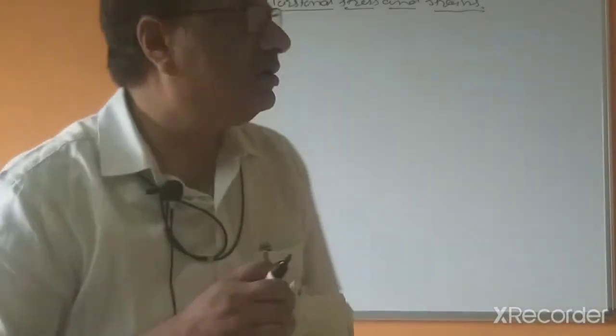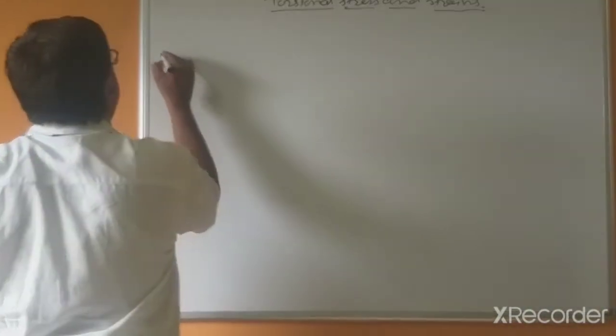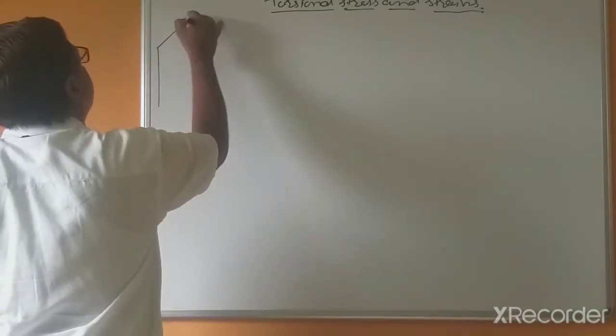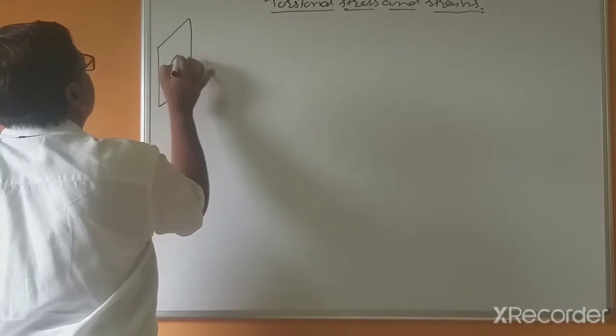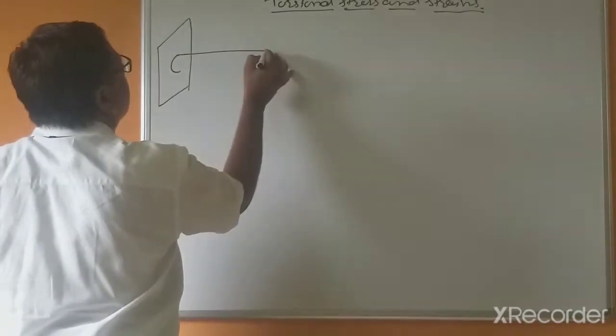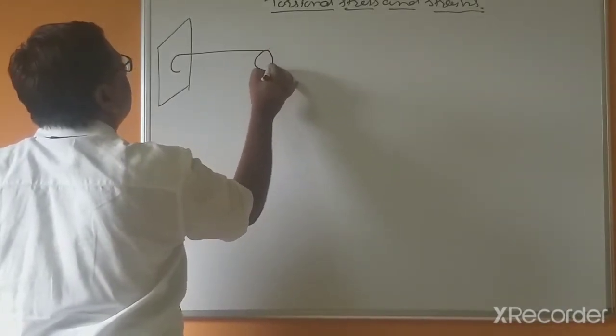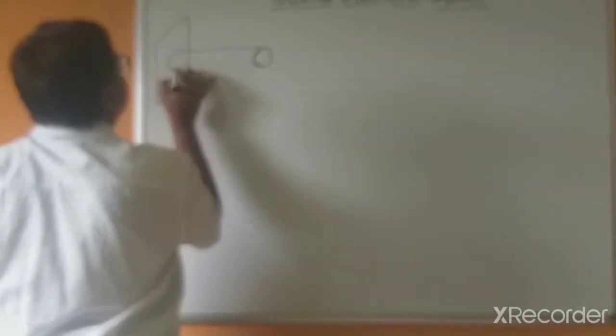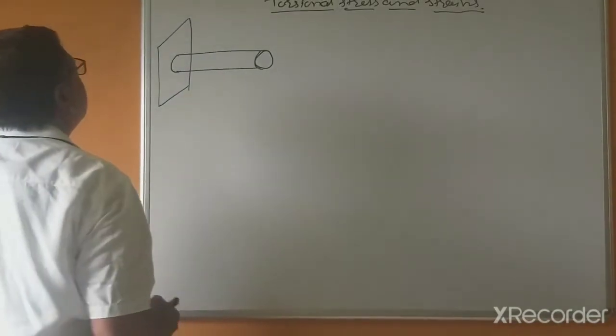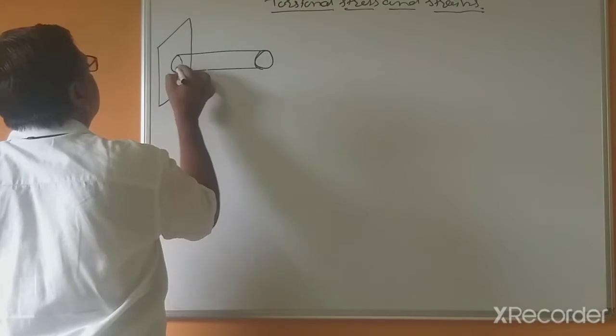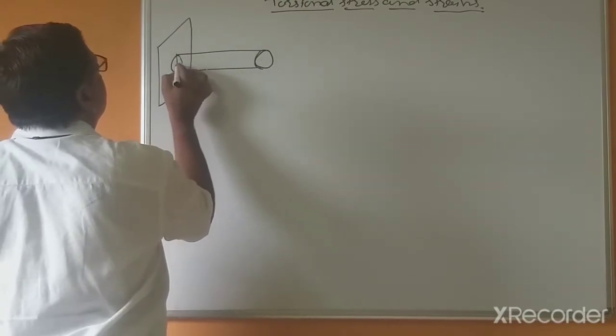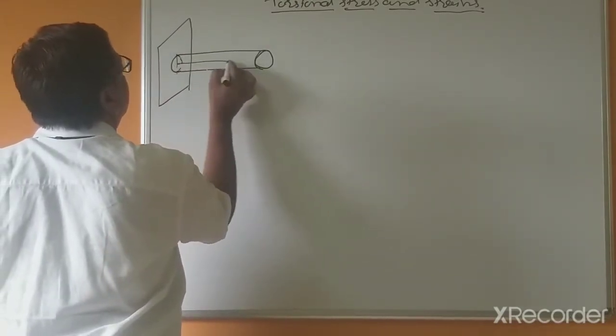Consider a plane. Here the shaft is fixed. This is the cross section. Now this is the length of the shaft.